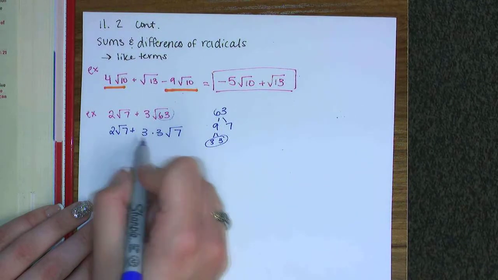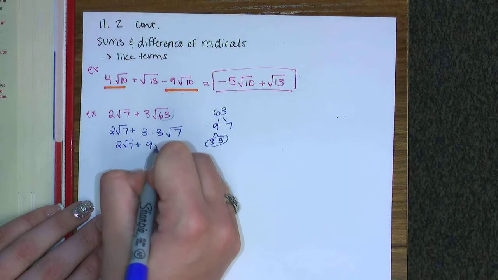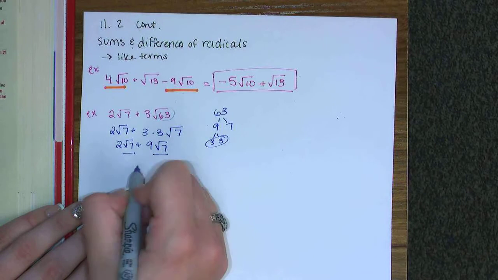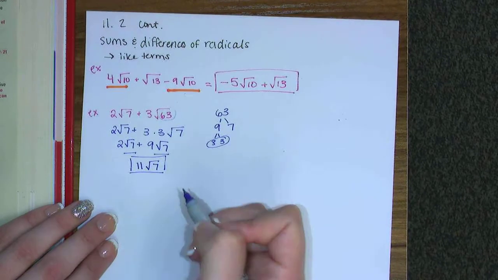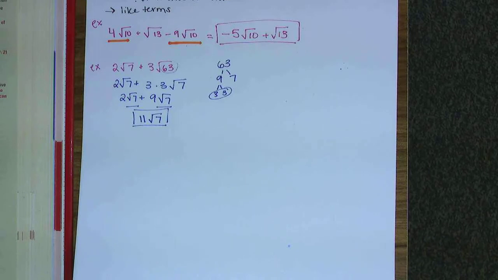So then this is 9, so 2 root 7 plus 9 root 7. Now these are like terms, so 2 plus 9 is 11 root 7 would be our answer for that. Alright, so that would be that one.